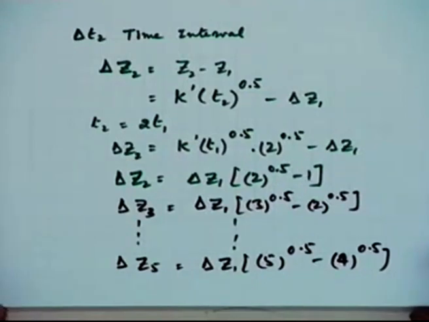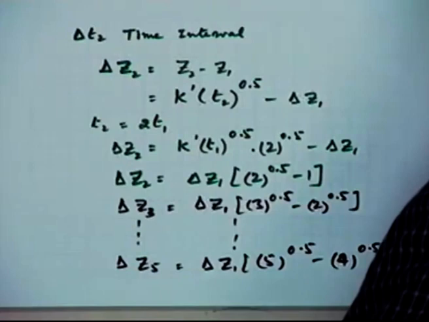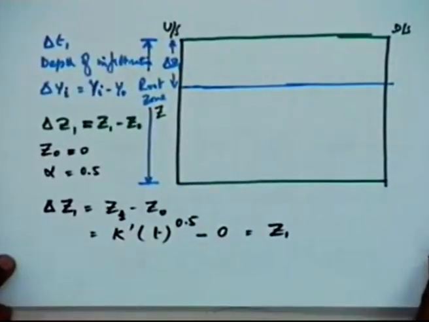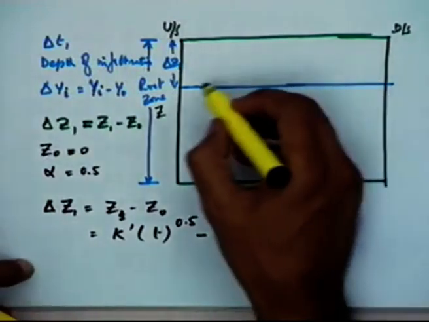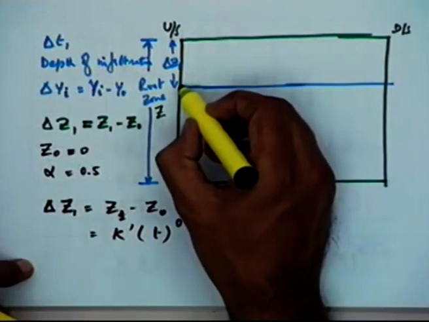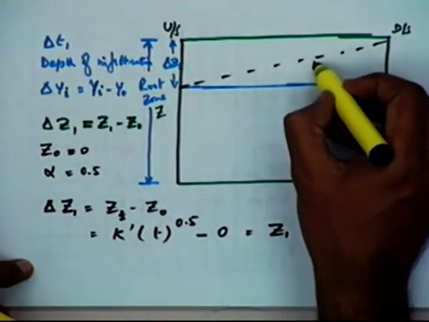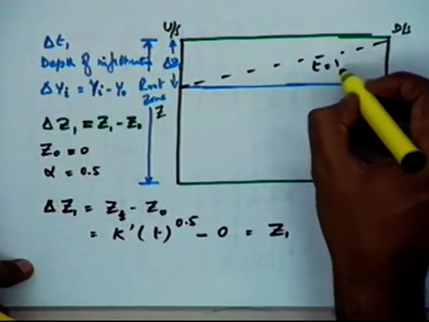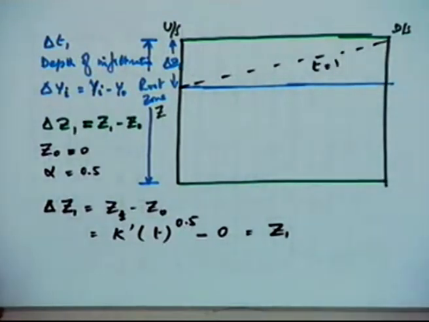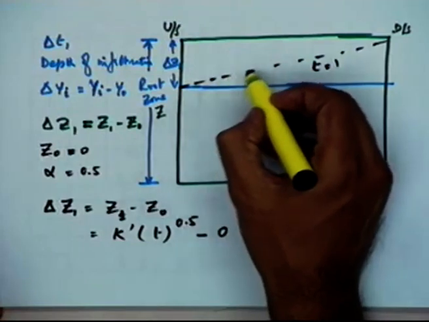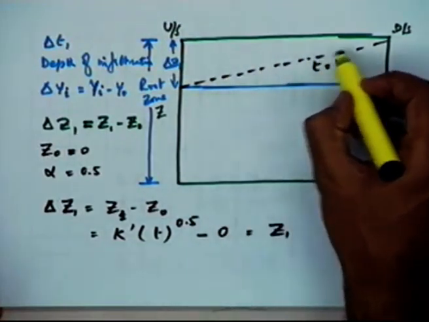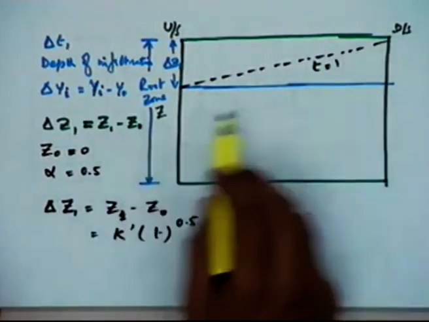So this general relationship can be established, and if we plot this onto this, you will find that at the end of t is equal to 1, this will be the general trend.